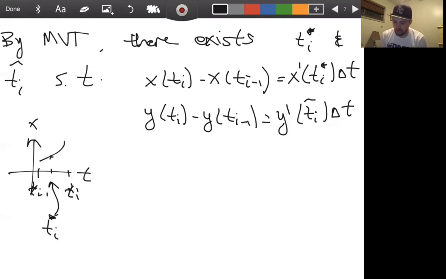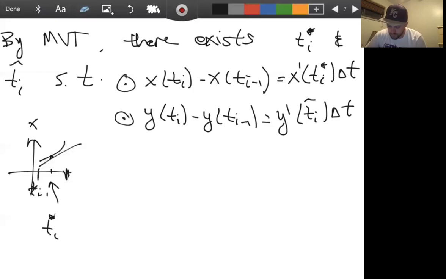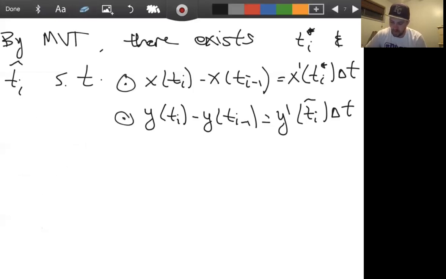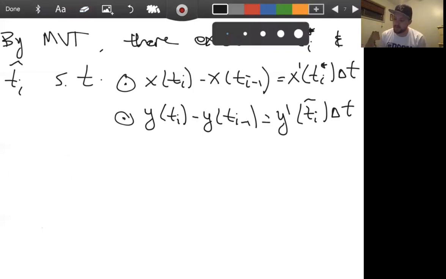I'm using the same argument as the mean value theorem to say that there exists some t_i star between these two values such that I get this formula. And I can do the same thing for the function y of t and get the same thing, but with t_i tilde instead. So why do I need the mean value theorem here? The reason is because now I can replace these in our formula.